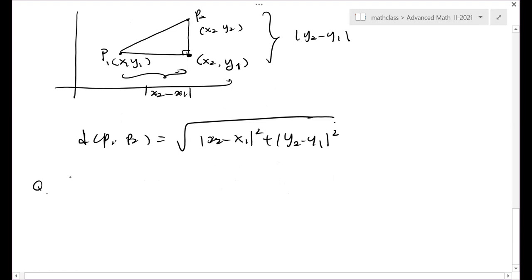All right, the four vertices of a square. We already know this is a square.